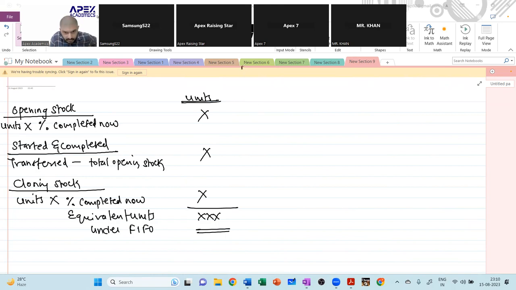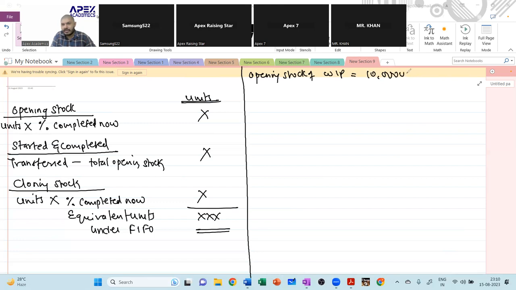Now, let us put this in an example, our earlier example. Opening stock of WIP is equal to 10,000 units, 90% ready.